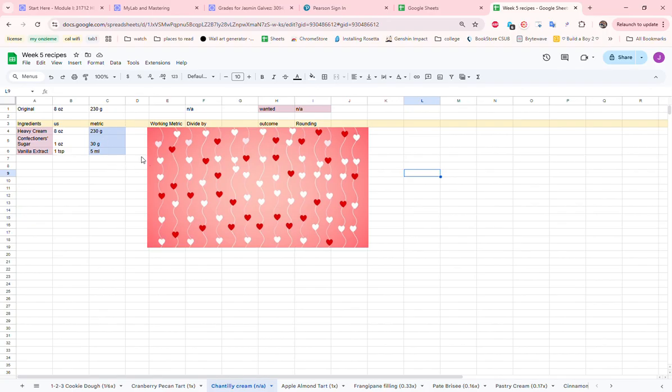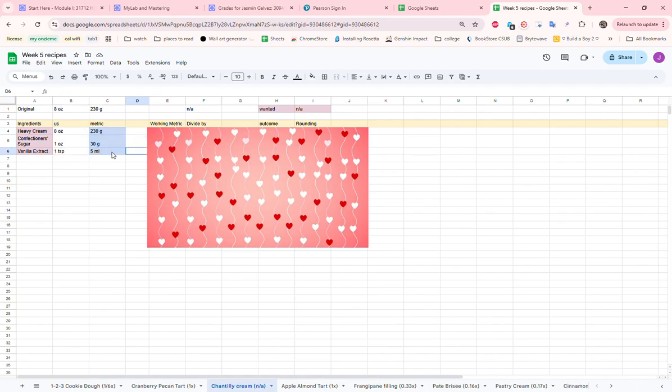Chantilly cream. For the Chantilly cream, we have the original, which is 8 ounces, 230 grams. We don't know what we're multiplying or dividing by, so for wanted, I put NA, but really this is going to be a wanted times 1 batch. So here we have heavy cream, confectioner's sugar, vanilla extract, US, and metric.